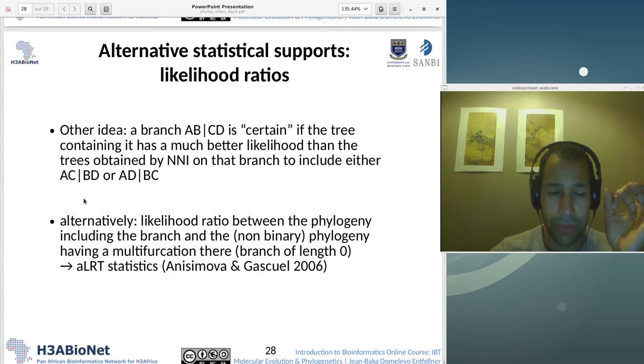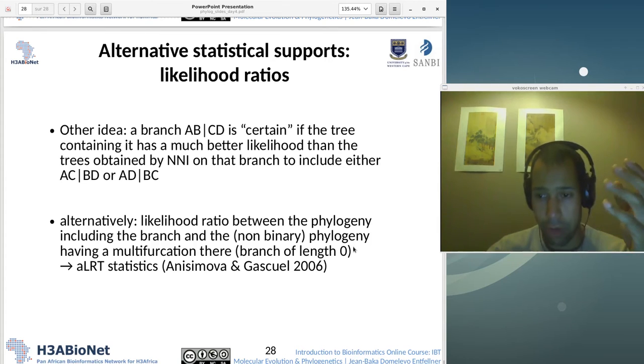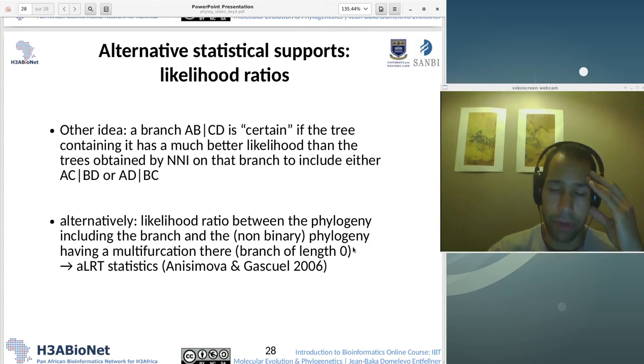That would be a phylogeny linking A, C, B, and D to one point, having a multifurcation there, or a branch of length 0. So we can calculate, still using the same kind of algorithm as Felsenstein pruning algorithm, likelihoods associated with a tree containing multifurcations, right?